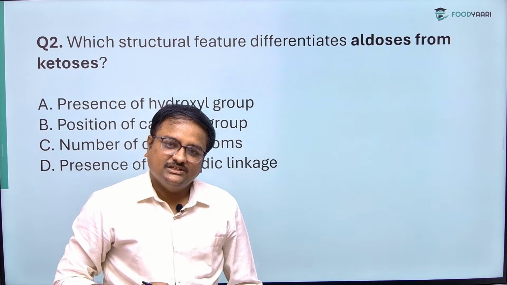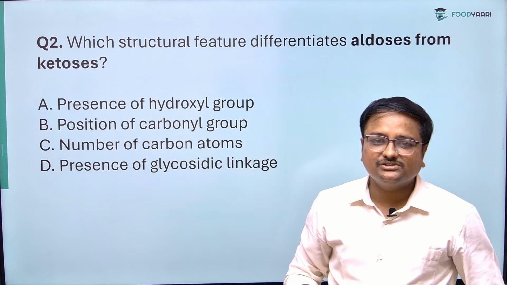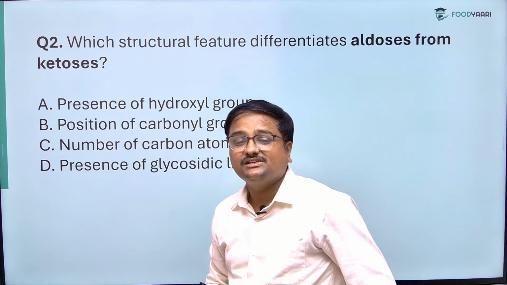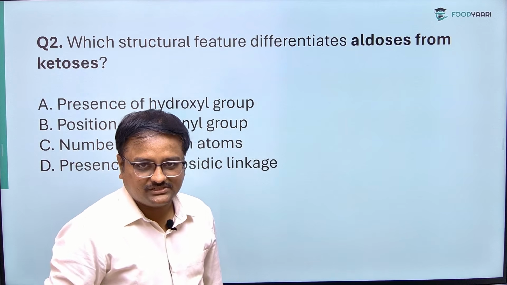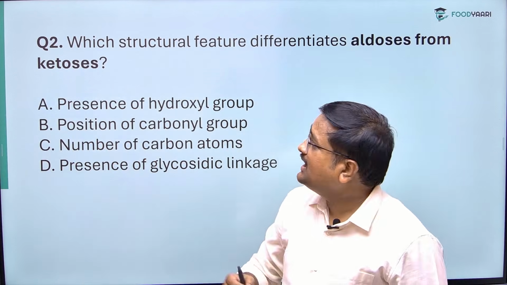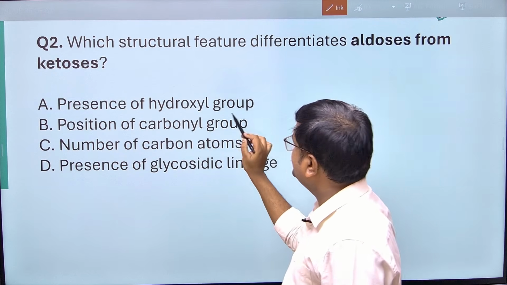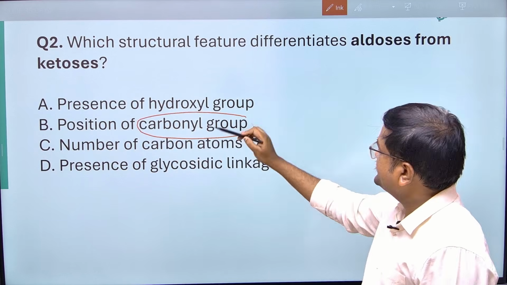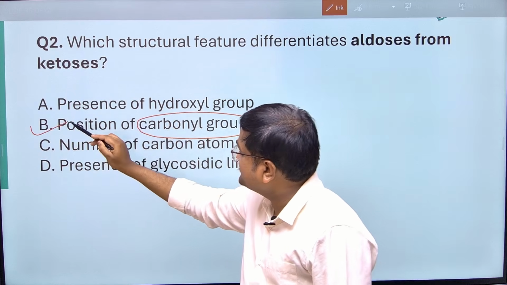Aldoses have an aldehyde as the functional group, whereas ketose sugars have a ketone group within their structure. These functional groups are also known as the carbonyl group.